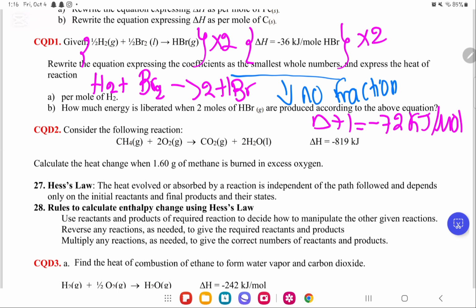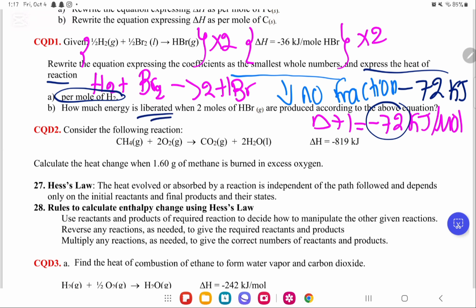They asked us, express the heat of reaction per mole of H2. Per 1 mole of H2, the heat of reaction is negative 72 kilojoules per mole. Now they're telling us how much energy is liberated, how much energy is freed. Since it is a negative number, we're gonna put it in the side of the product, so plus 72.